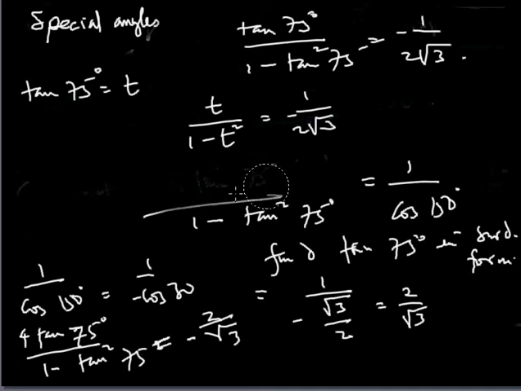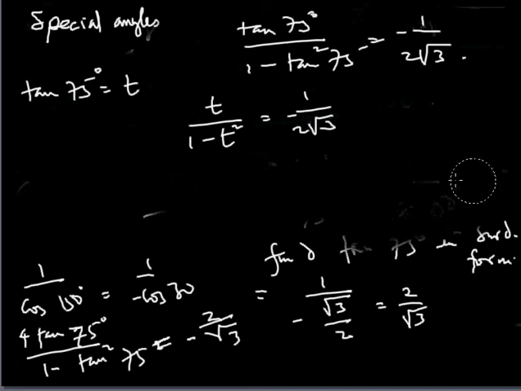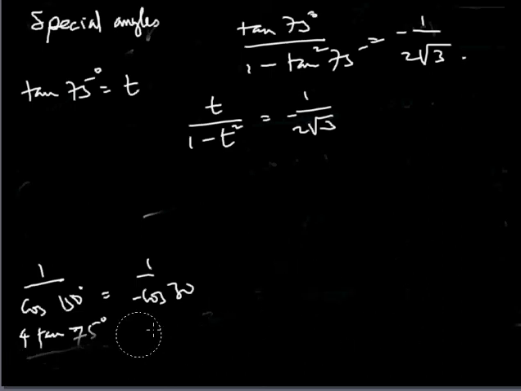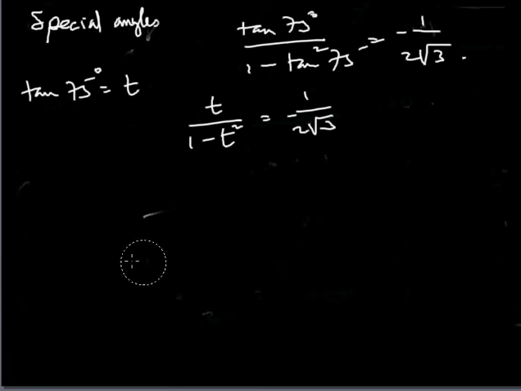This is going to lead us to a quadratic equation, and we have to solve for the value of t. So we are going to have the expression t squared minus 2 root 3 t minus 1 is equal to 0.